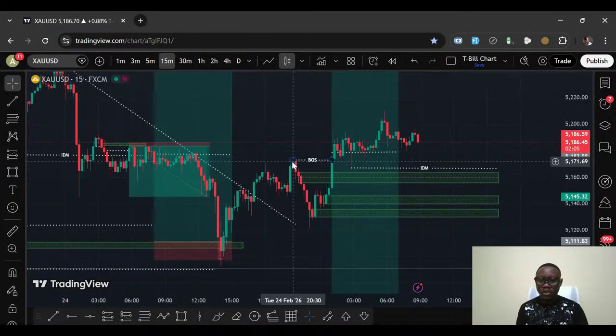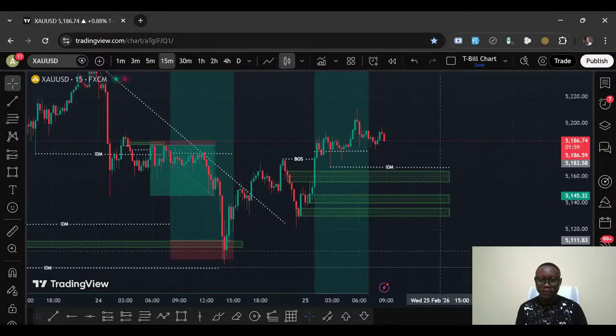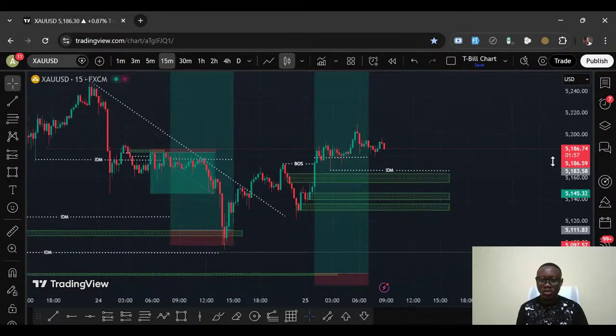So yes, this is it. This is our zone. Would anticipate price to go and tap into these zones.